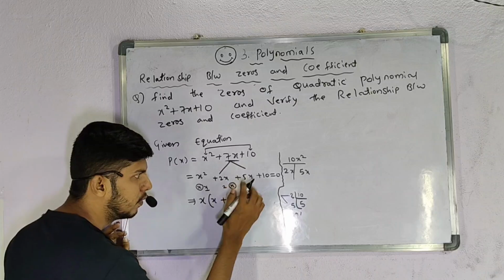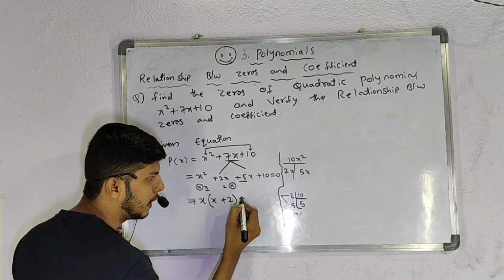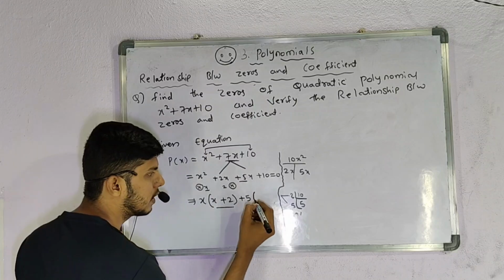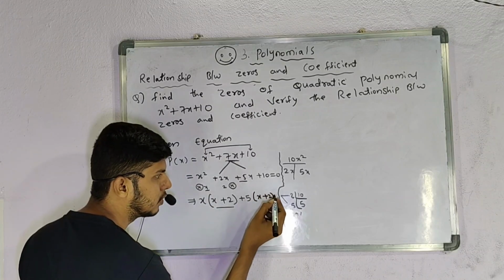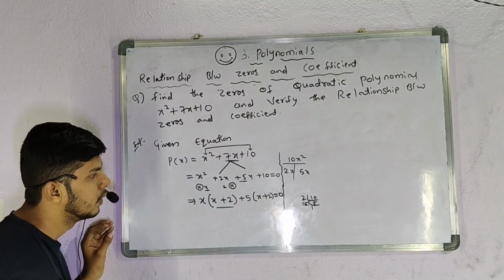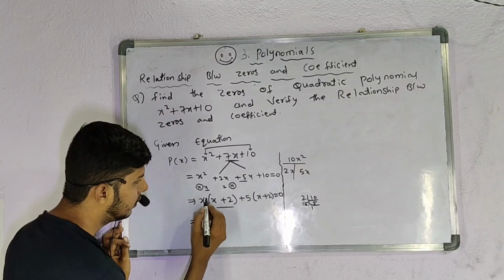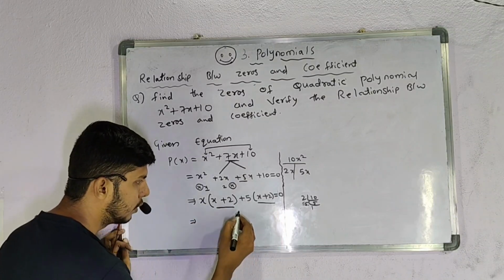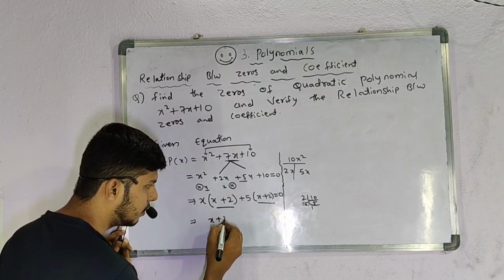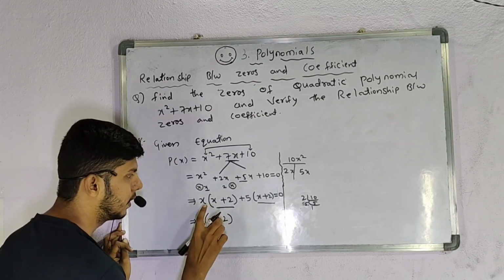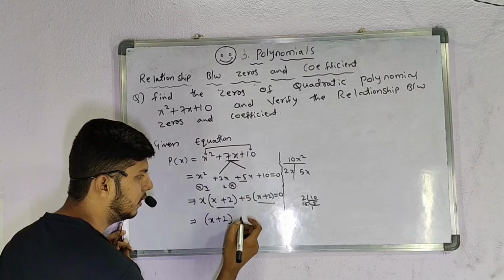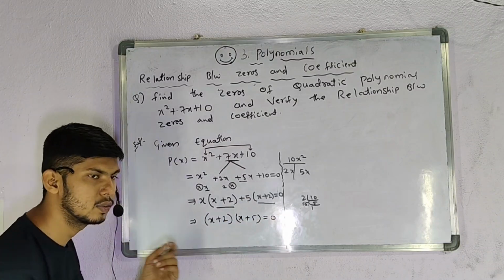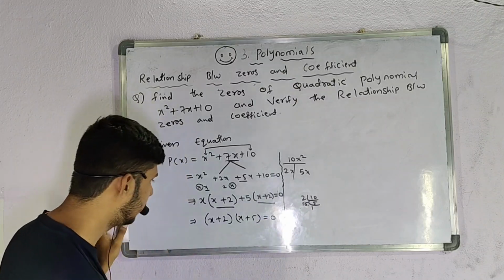Next term is plus 5, and we write x plus 2 equal to 0. Since x plus 2 appears twice, we write it only one time. Next, x plus 5.